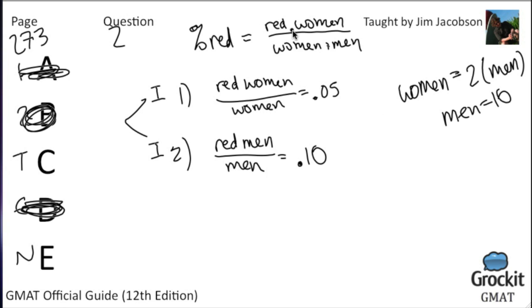But to figure out the percentage, we need actual numbers in this equation up here, and we have no numbers at all. So even in conjunction, the two statements are insufficient. Answer choice E, neither one. Statements 1 and 2 together are not sufficient. That's what it says over on the previous page.